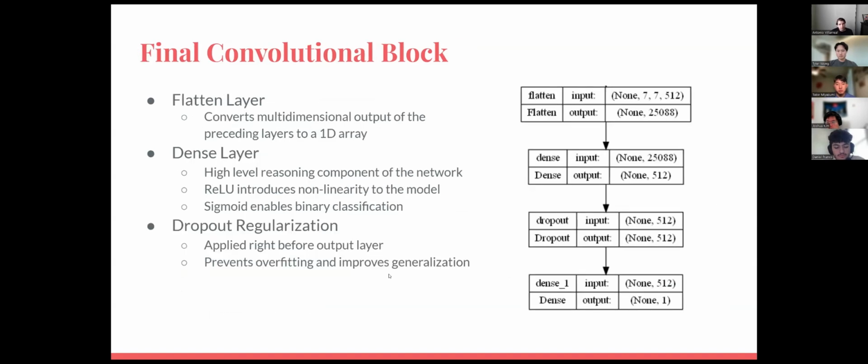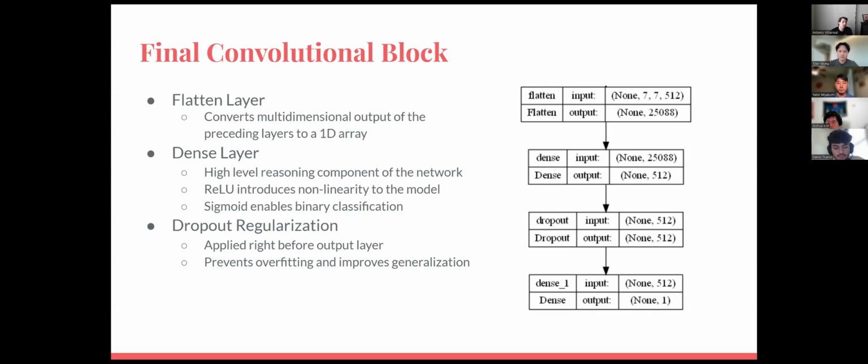Finally, after 5 of the single convolutional layer blocks, we have the final block, which consists of flattening, 2 dense layers and a dropout. First it flattens the whole thing into a 1D array. Then it goes through a ReLU activation dense layer, which introduces more non-linearity to the model, which helps improve the results.